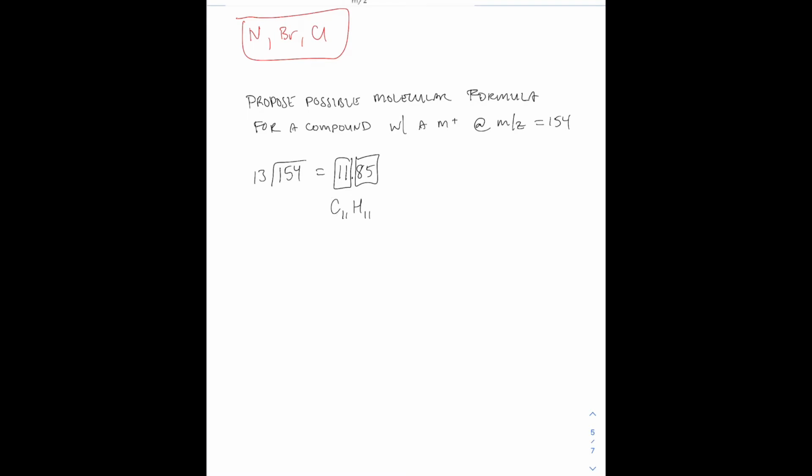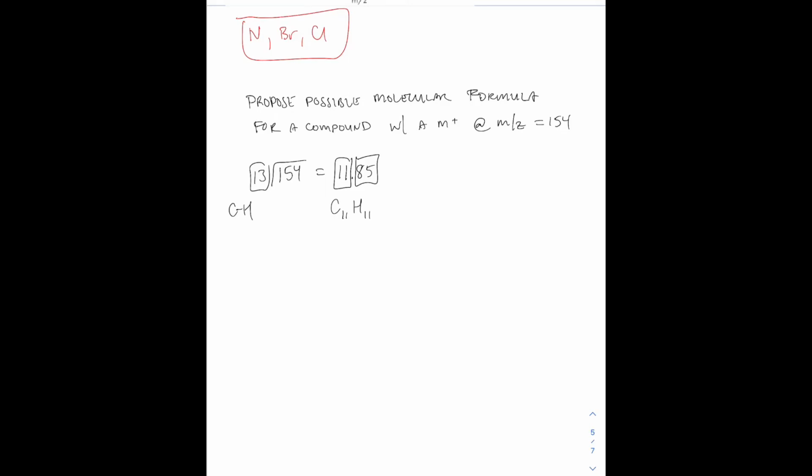You may or may not have noticed, but that 13 represents CH units. So if I have 13 units of them and I divide that into 154, I get 11.85. That means I can use 11 CH units to be very definitive about that.